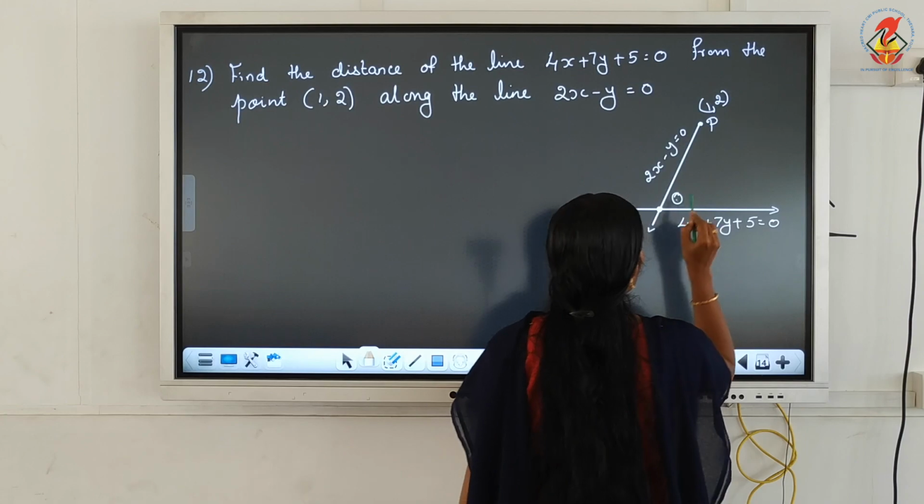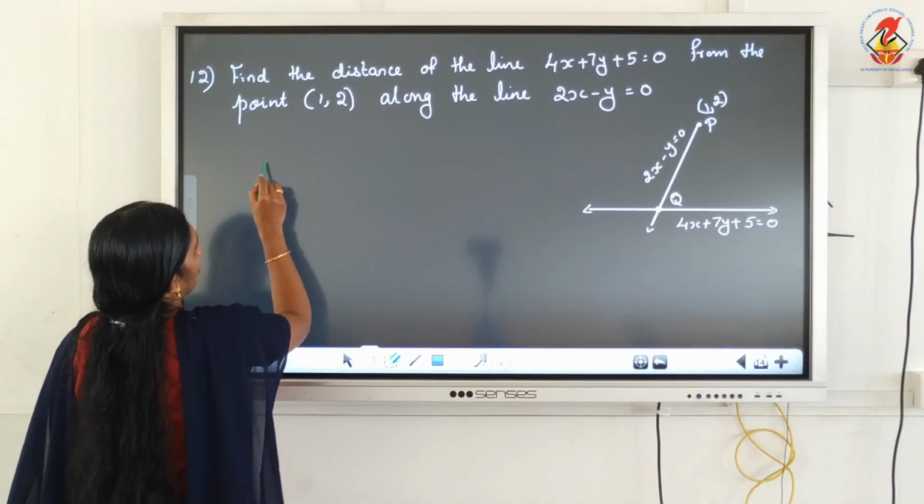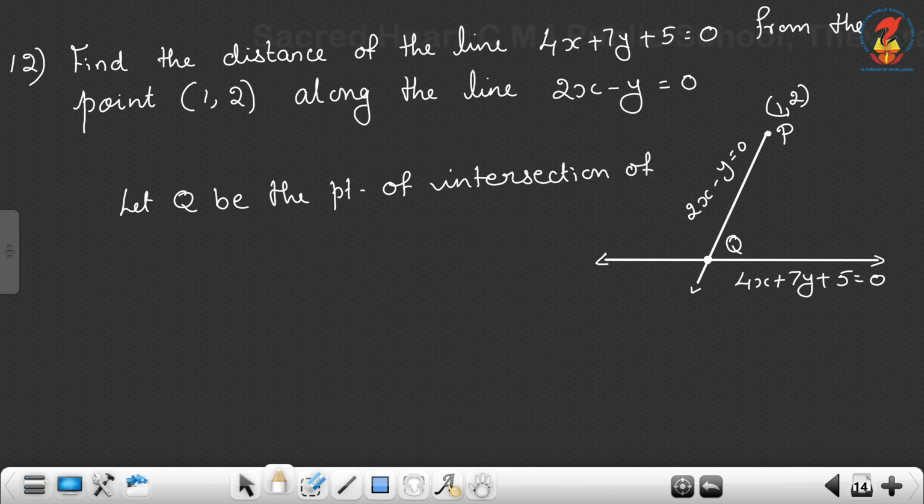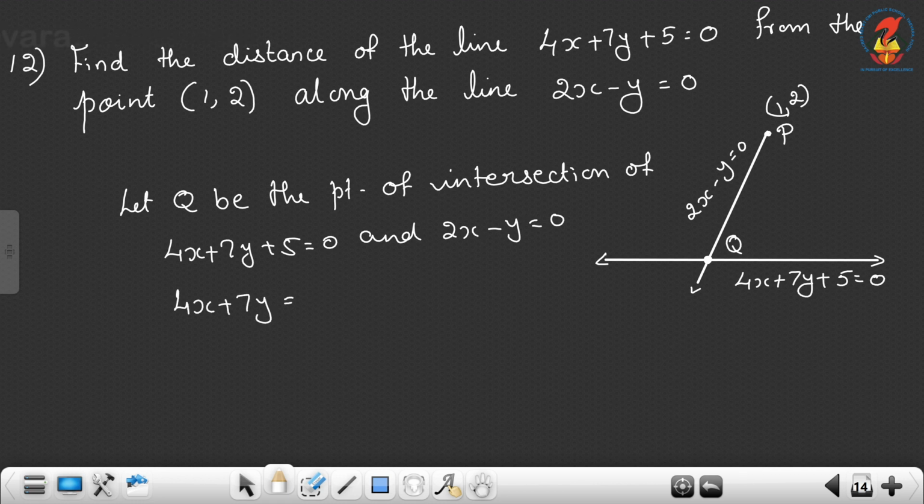So, let Q be the point of intersection of the first line, 4x plus 7y plus 5 is equal to 0, and 2x minus y is equal to 0. Or 4x plus 7y is equal to minus 5, so that is the first equation. The second equation is 2x is equal to y.